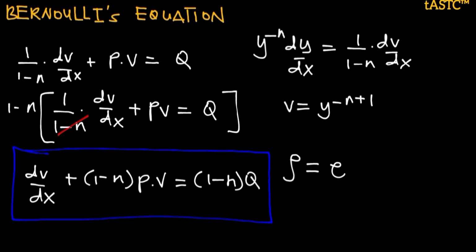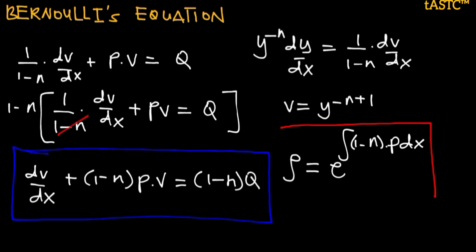So in this case we should have the integrating factor as e to the power of the integral of 1 minus n multiplied by p dx, because obviously there must be a dx somewhere around there. Remember we differentiated with respect to x here, so that should come off easy. So that is a way to do it.